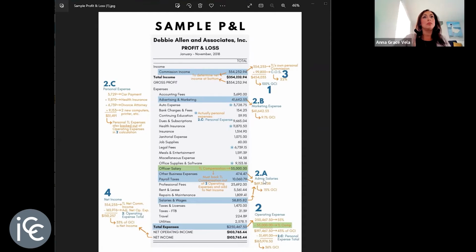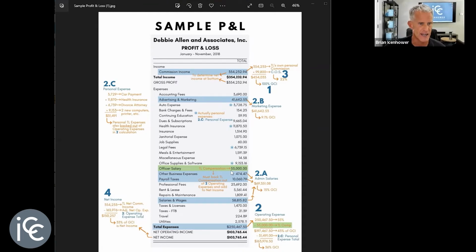Depending on who you are and what the rest of your finances look like, it can help you a few different ways. But you will take an officer's salary. It's going to show up on your P&L as an administrative expense when it's not. It's actually net income to you. You're just paying yourself. So we have to remove that $55,000 in this example.